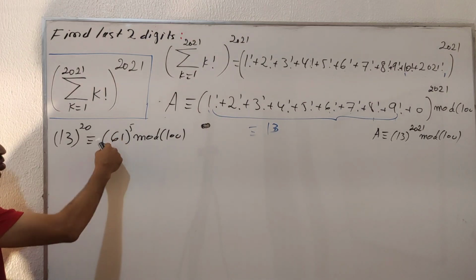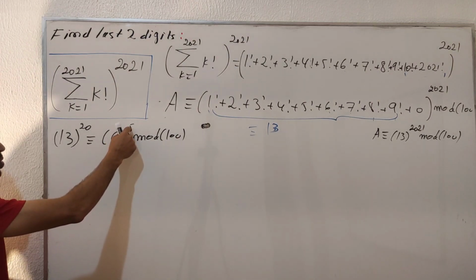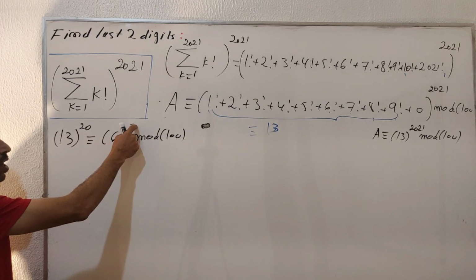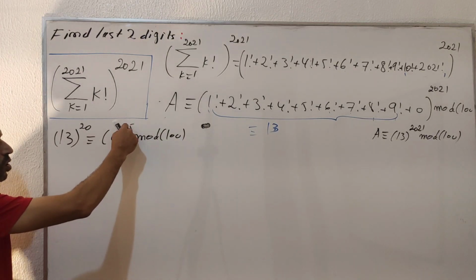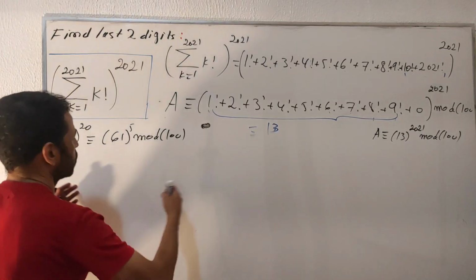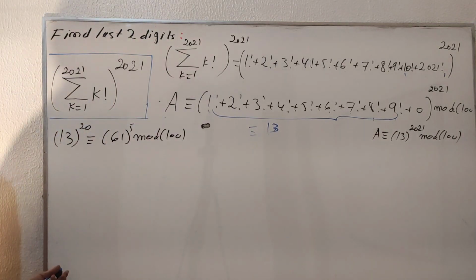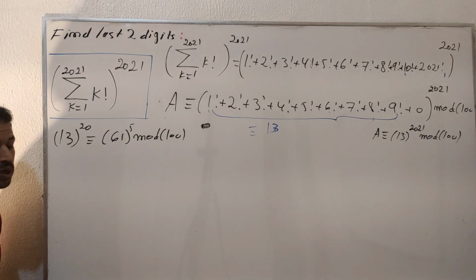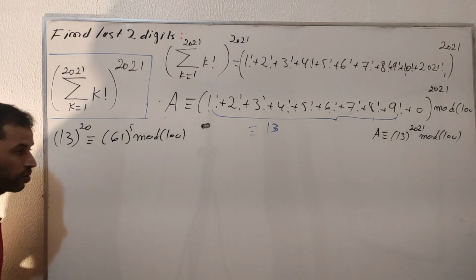This one is a little challenge to find the remainder of, because we have the power 5 here. If you use the calculator, you will have a huge number, so we don't want to do it that way. We are going to use the binomial expansion, which is better.